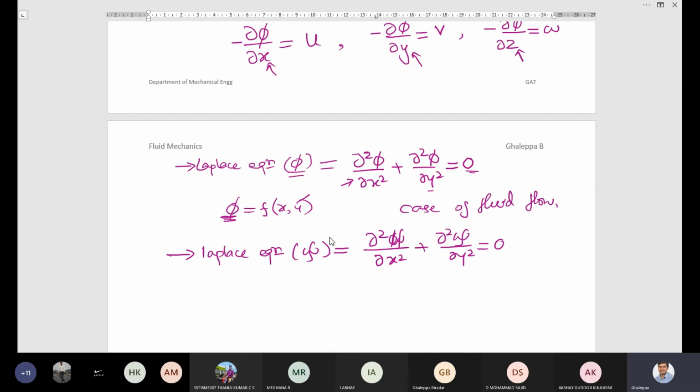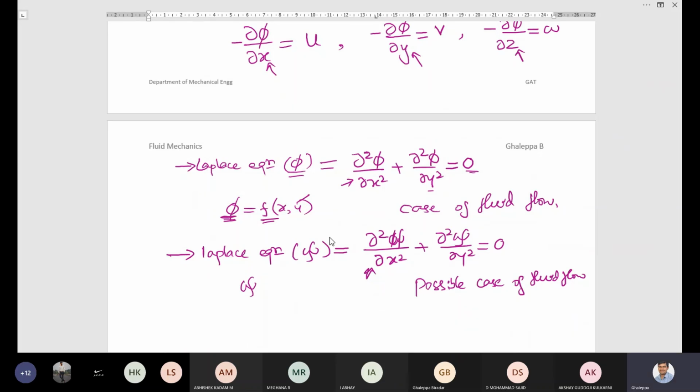Again the same fundamental concept you apply here. So if the function psi, after taking the derivative in both x and y direction, is equal to 0, then it is a possible case of fluid flow.